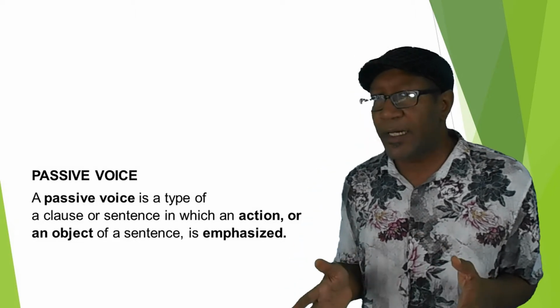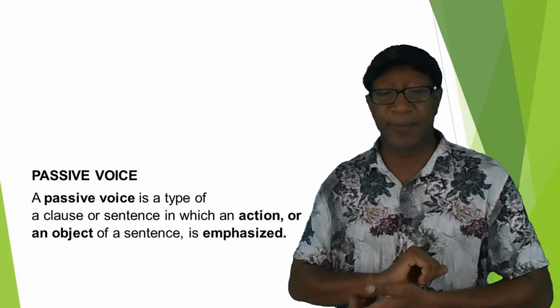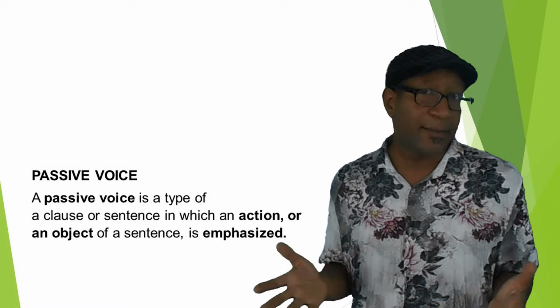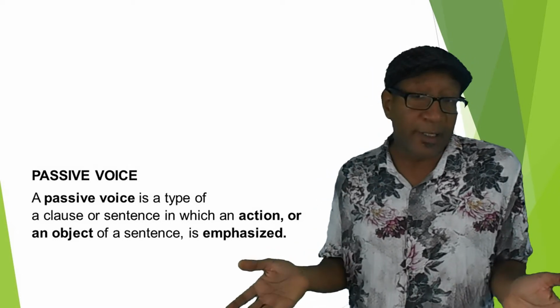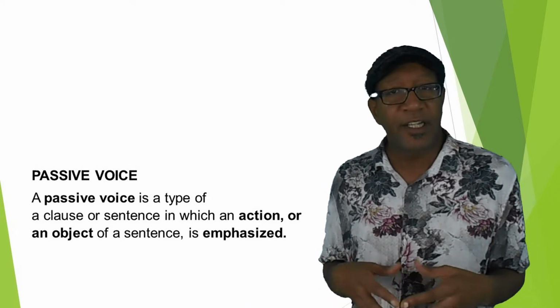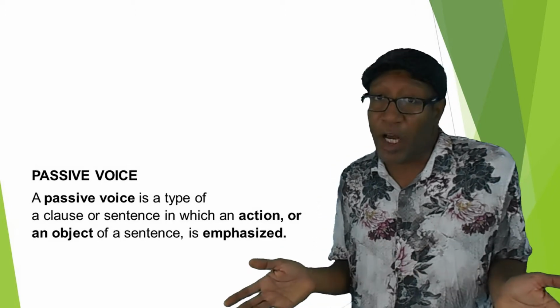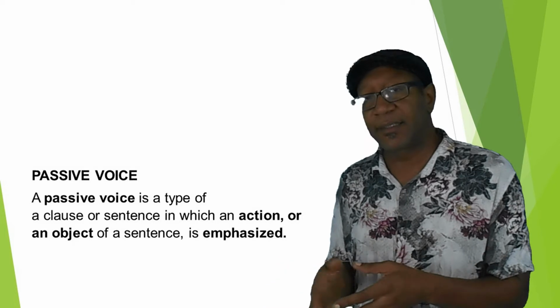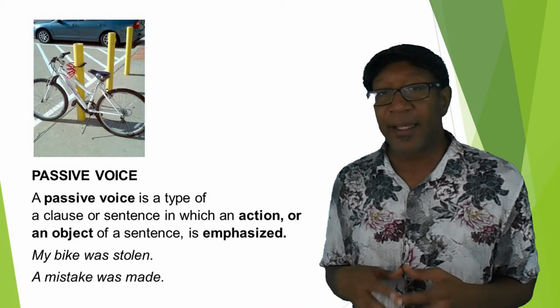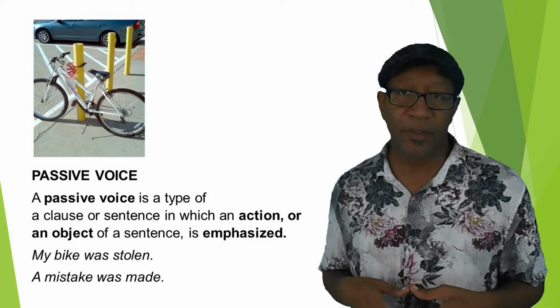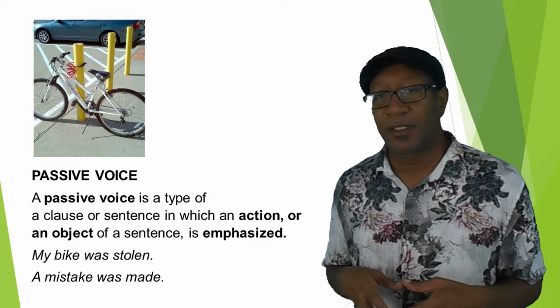Now, talking about passive voice, we can say that it is a type of clause or sentence in which an action or an object of a sentence is emphasized. And here we have this image of the bicycle.